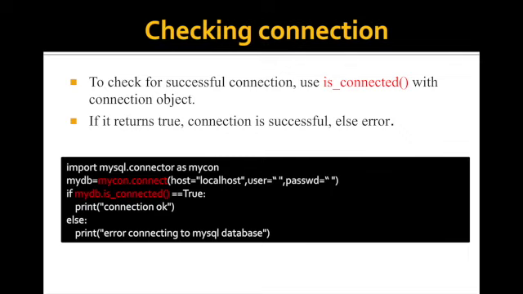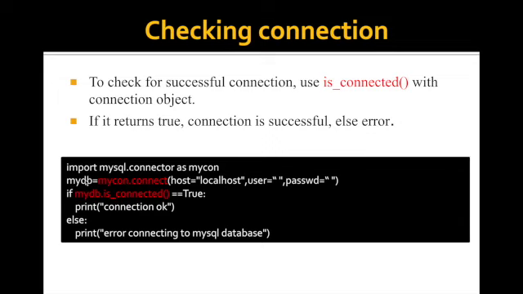After creating the connection, you have to check whether the connection is proper, whether our Python program is connected with the MySQL database or not. For checking the connection, we use another function called is_connected. So first we import the package, then call the connect function and create one connection object.